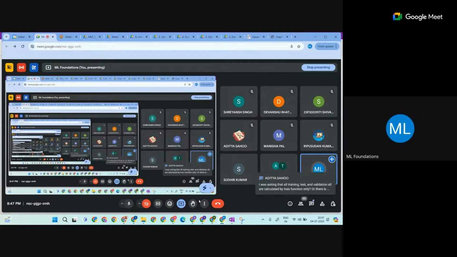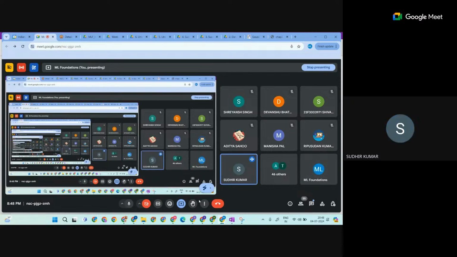It is not a bound. It depends on you only, because you are making the algorithm. In machine learning, you are actually creating the algorithm. So you can even use the same training data to build the other model also. Yes. Okay, sir. Thank you.